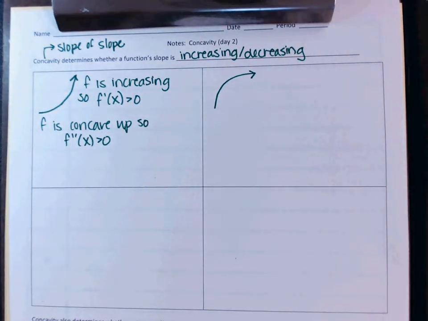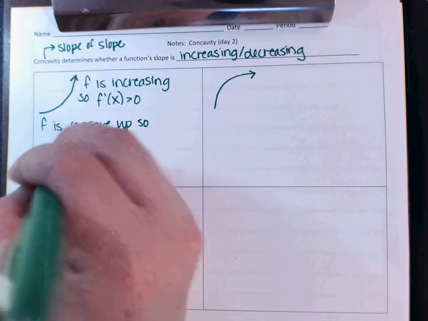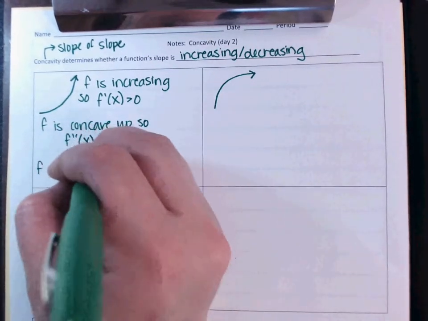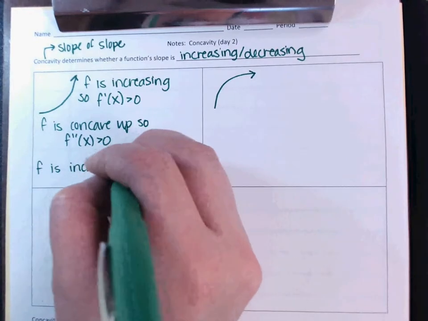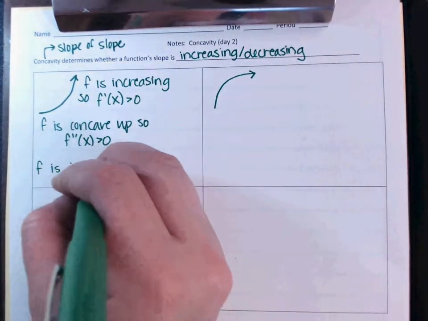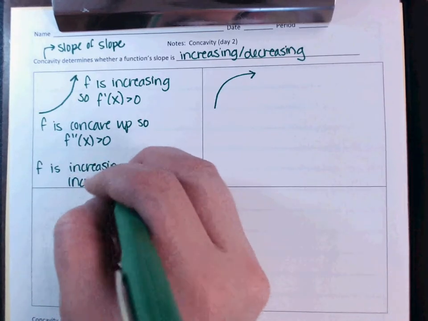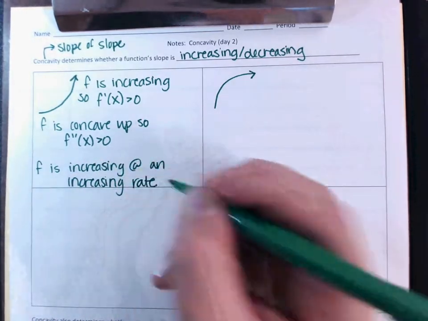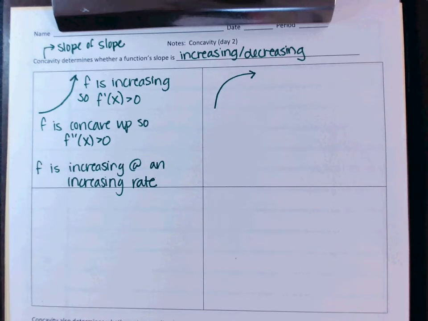Then you would say that f is increasing at an increasing rate. My y values are getting bigger, and they're getting bigger at a faster and faster slope each time.